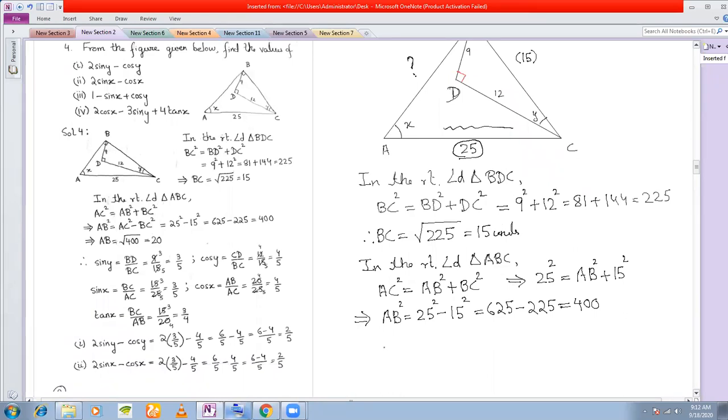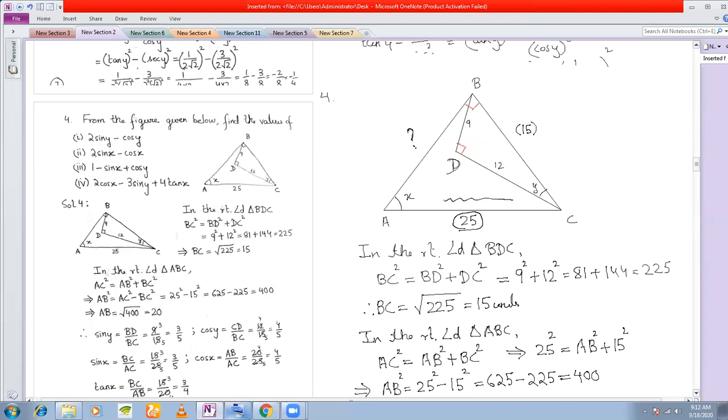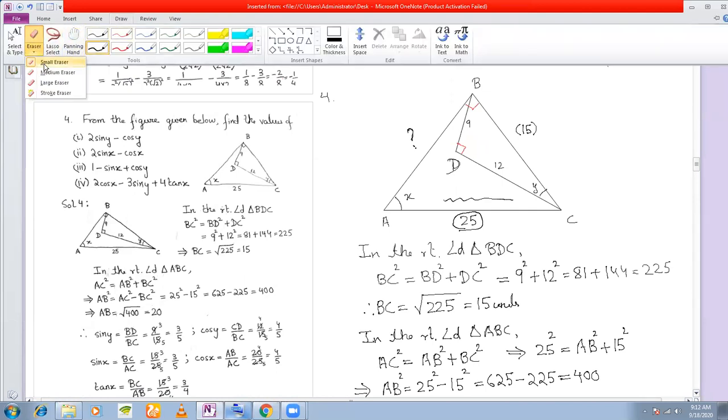Therefore what is AB? AB is square root of 400, which is 20 units. So we have managed to find out the length of AB as 20 units from Pythagoras theorem.